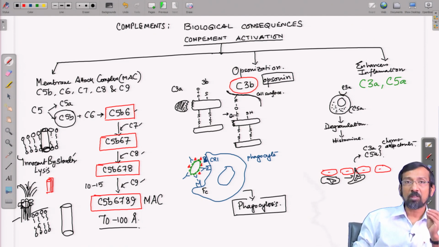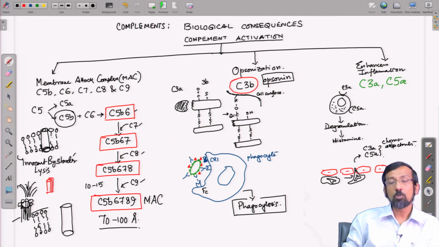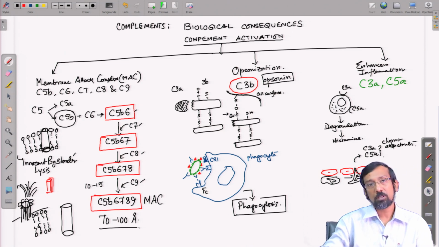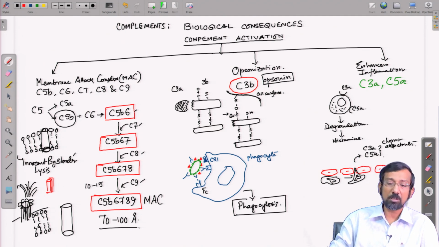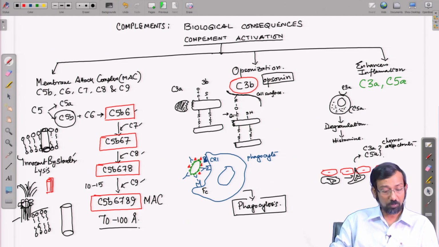Even then there are regulators which will not allow the complement system to perform all these functions, and they are known as the RCAs, or the regulators of complement activation. We will discuss the RCAs and the complement regulatory processes in our next lecture. So, that is all for this lecture, and thank you very much.